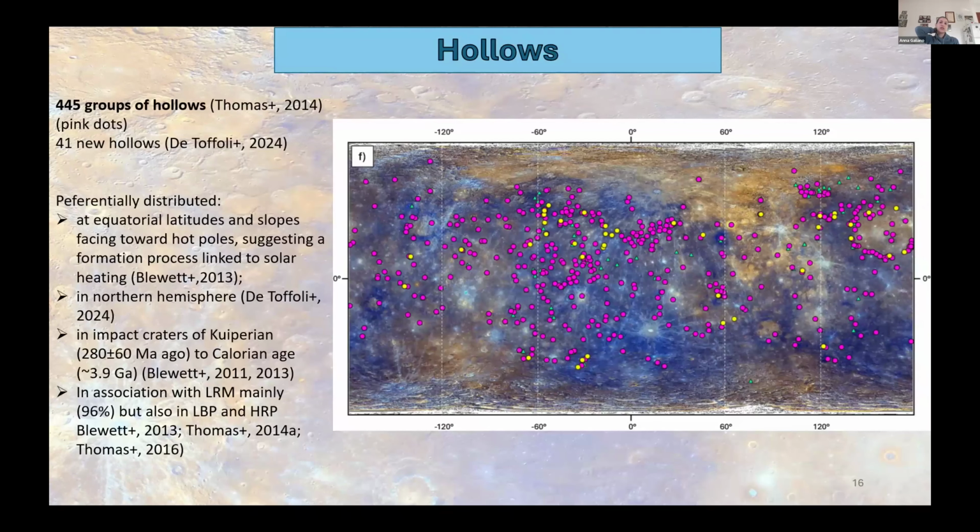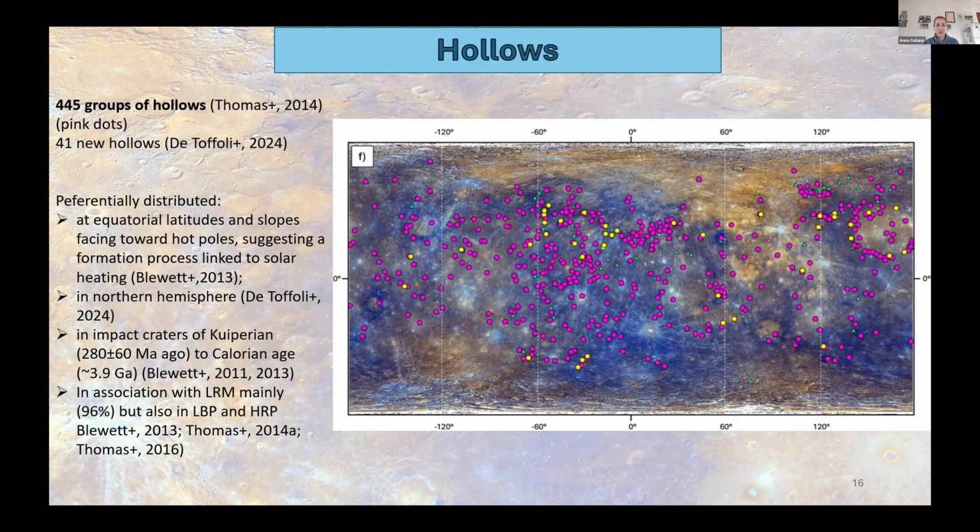And now I will talk about the hollows. From the map of Thomas 2014, about 445 hollows were detected, shown with pink dots. And in the new map of Barbara De Toffoli, 41 new hollows were observed, shown with the yellow dots.